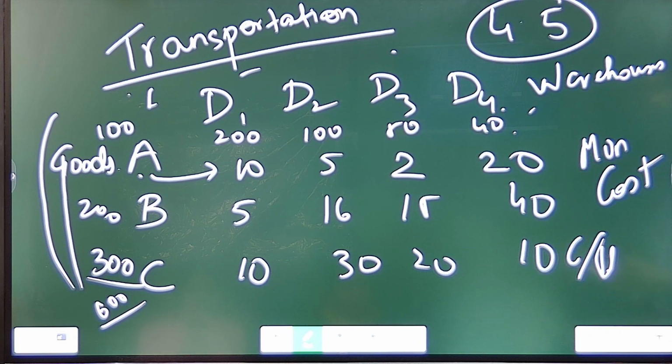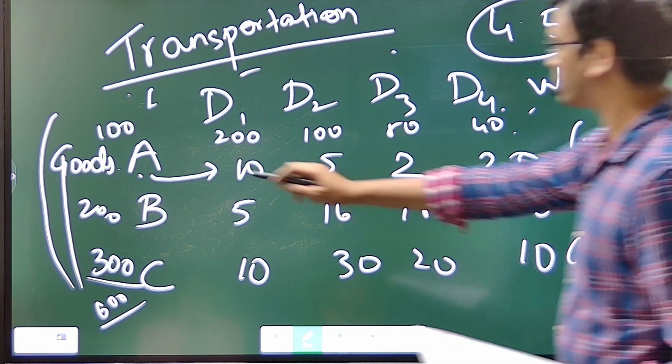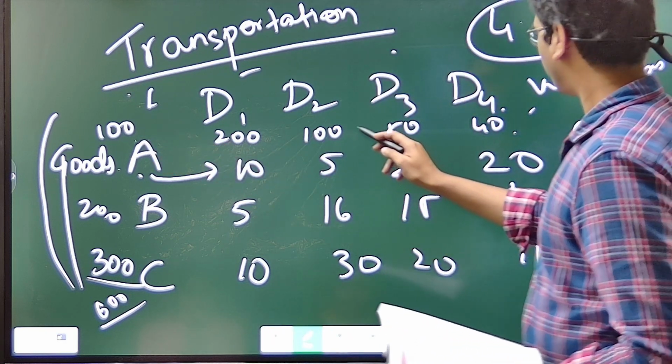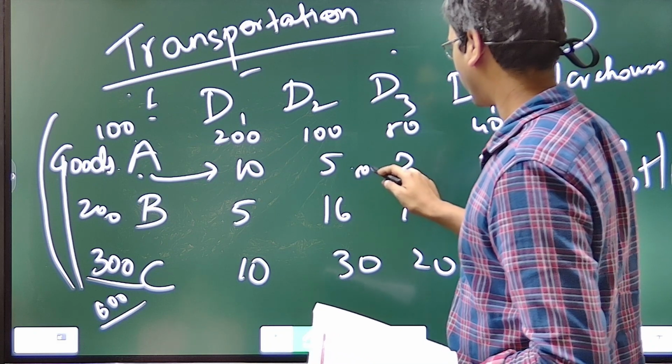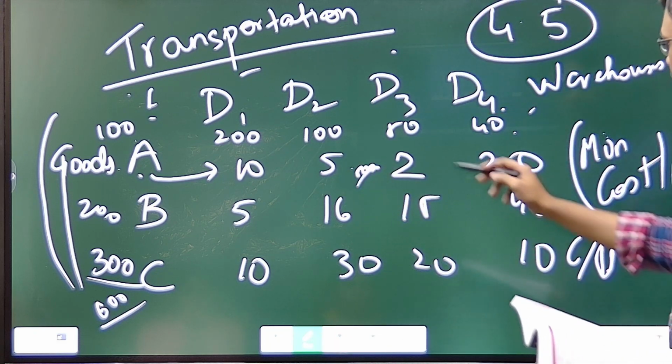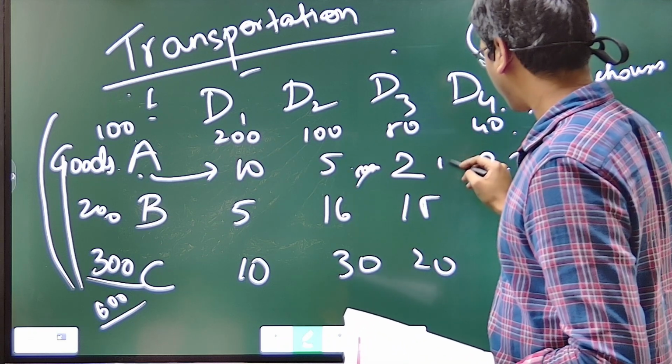Now the transportation algorithm helps us to arrive at a minimum cost. Suppose this is 100, and you have 100 here. You can directly send this to here. You will incur 500. But that is not the least cost, right? You have 2 here, so maybe you can send 50 here. You will have 100.